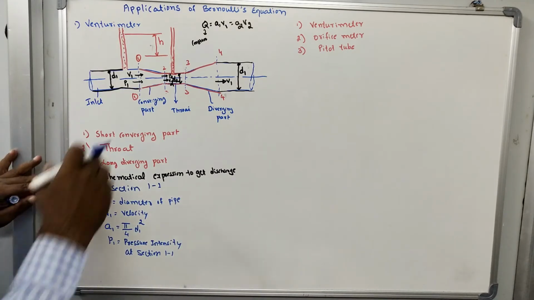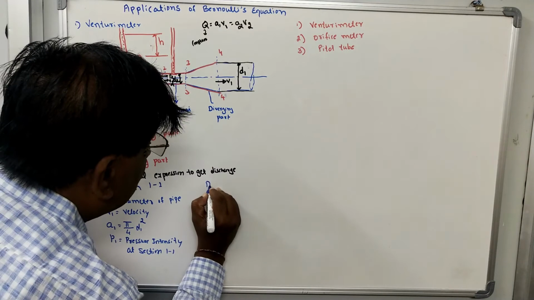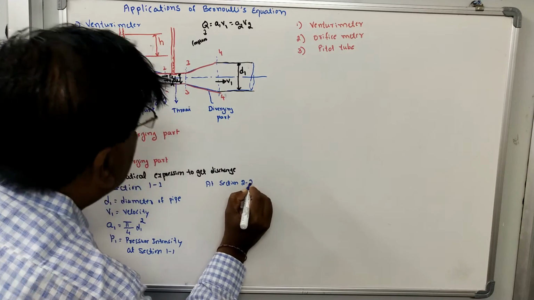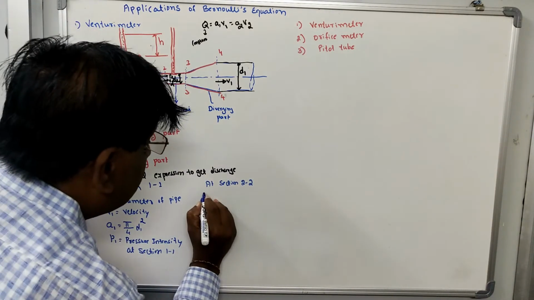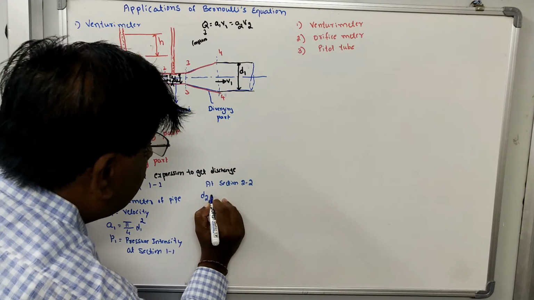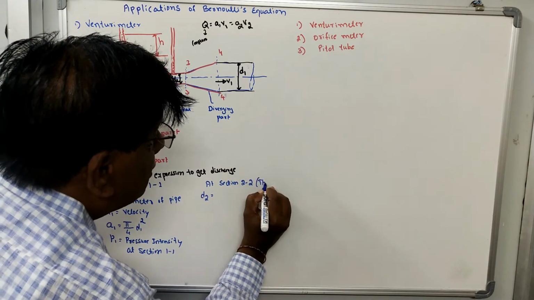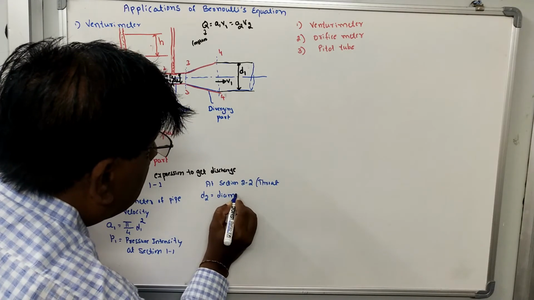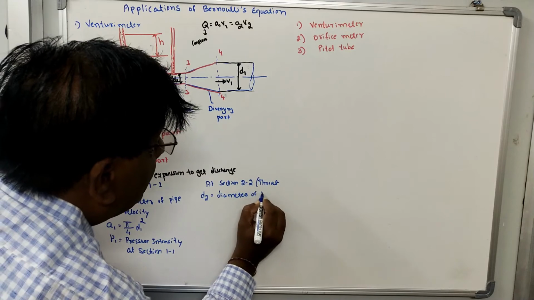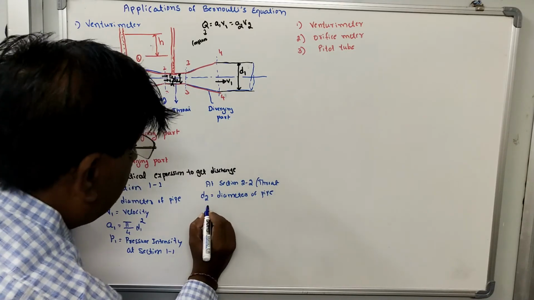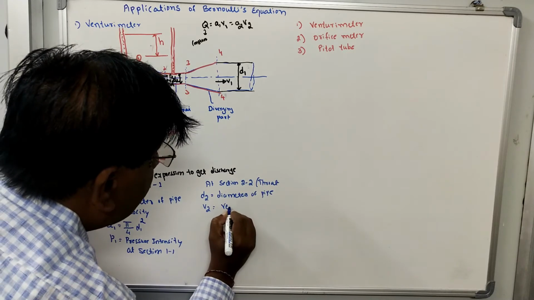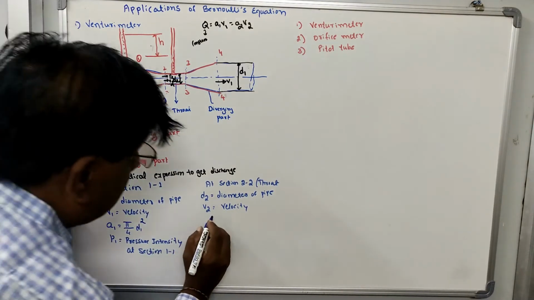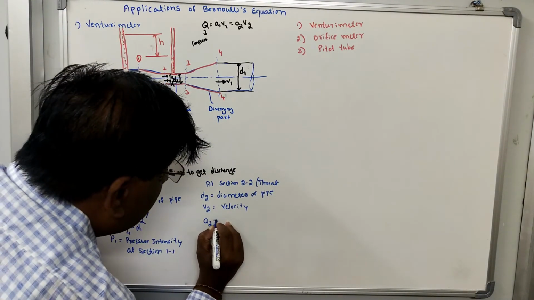Okay. Then similarly at the throat portion, means at section 2-2, D2 is the diameter at throat, then V2 is the velocity at section 2-2, and similarly A2 is the area of throat.